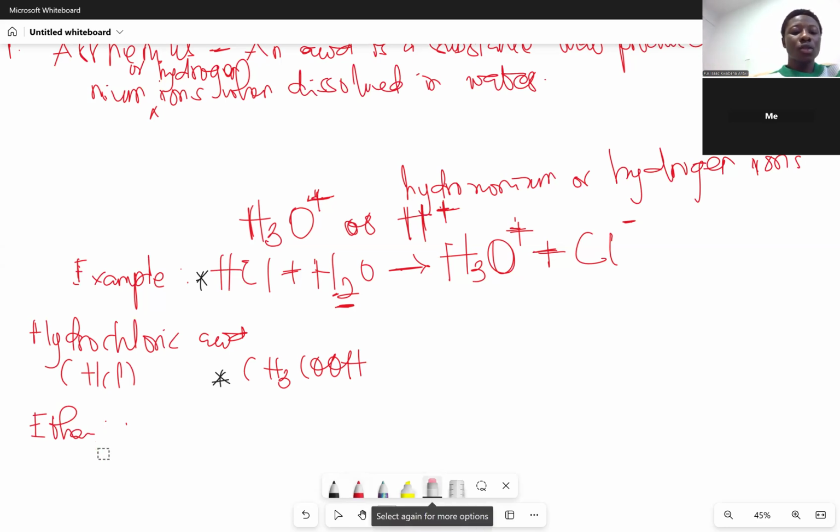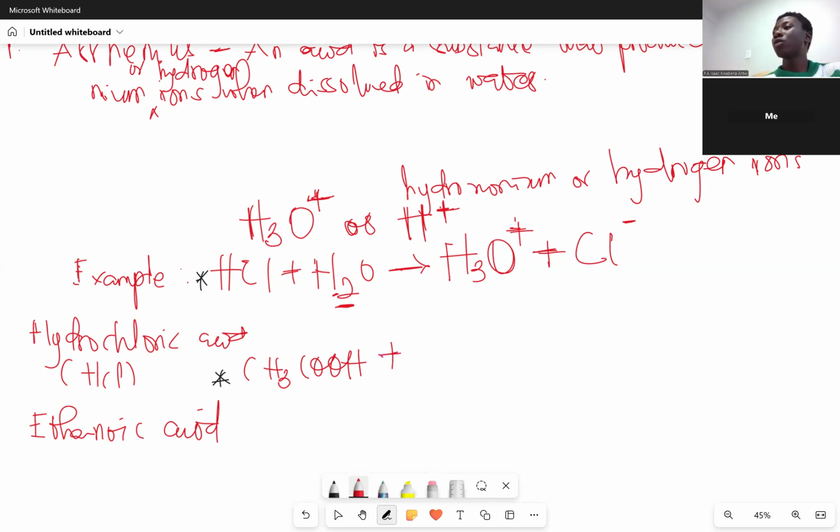It's an alkanoic acid. Now, acids, of course, dissociate in water, per the Arrhenius definition. So that will be plus H2O.